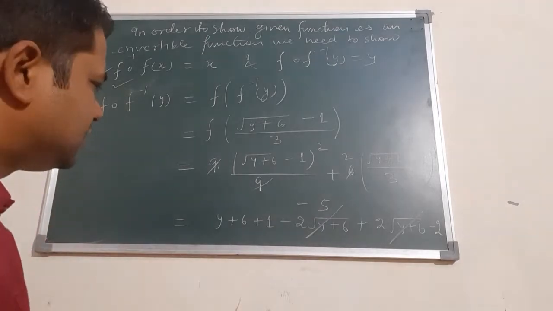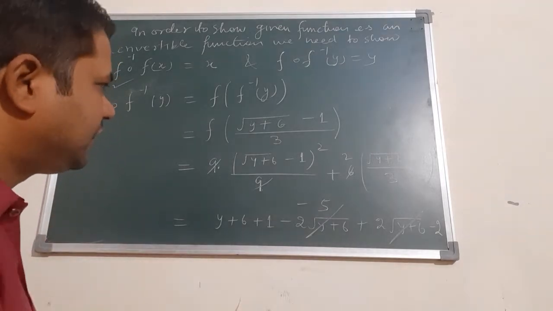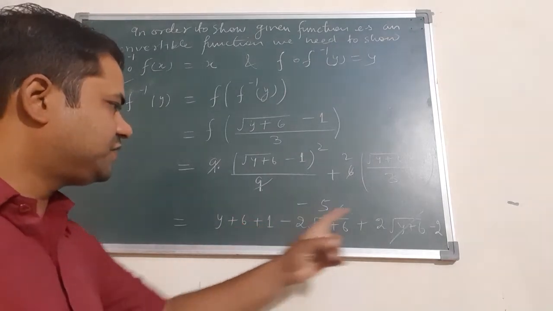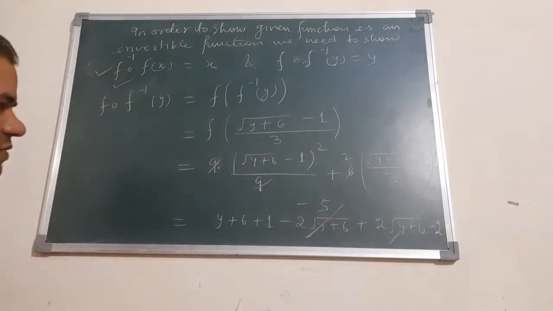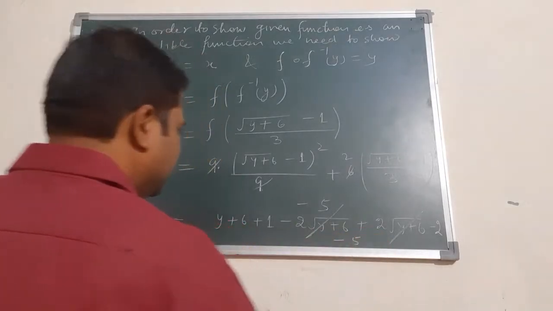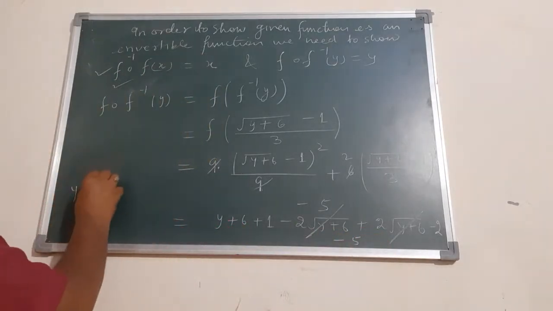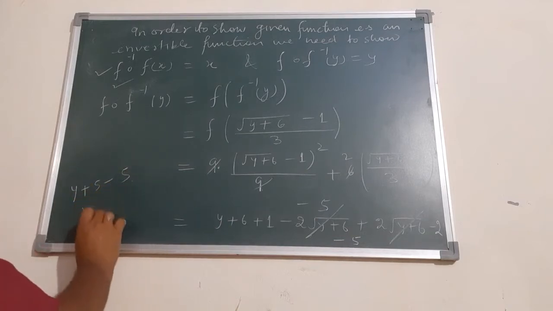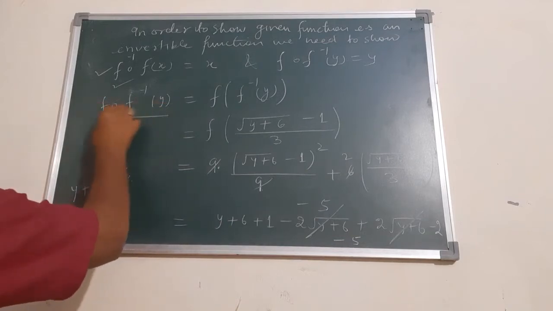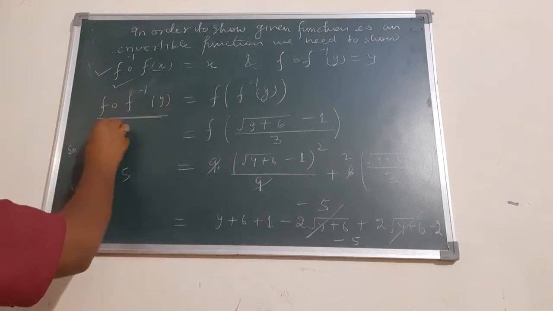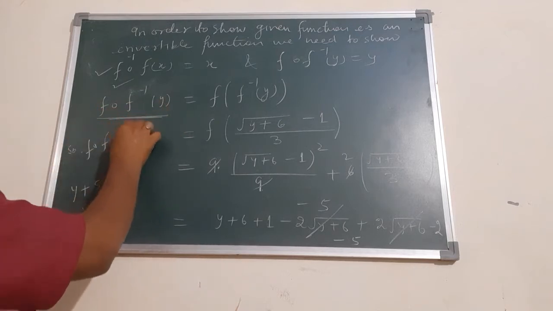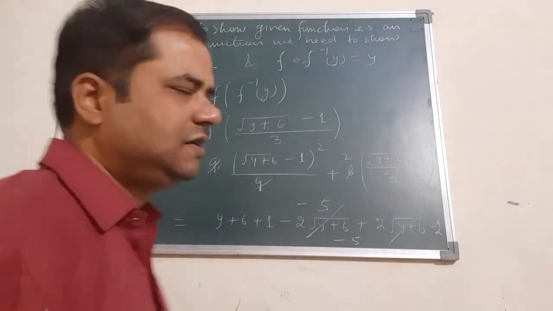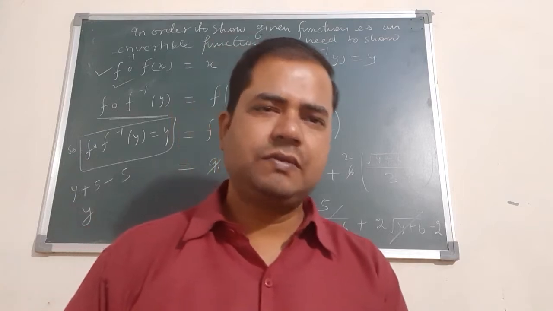So this is nothing but y plus 6 minus 2, 4 plus 1, y plus 1 minus 5, y plus 5 minus 5, and this is nothing but y. So what you saw here, f inverse composition f of y is nothing but y, and hence it is an invertible function.